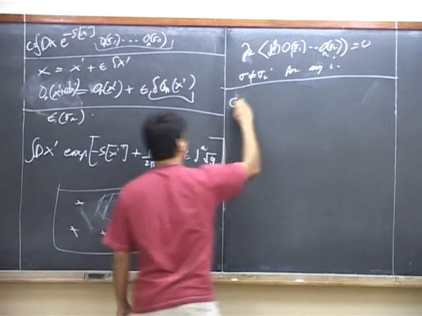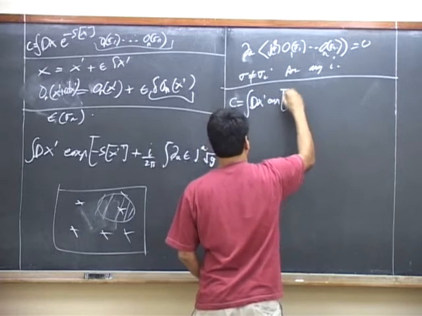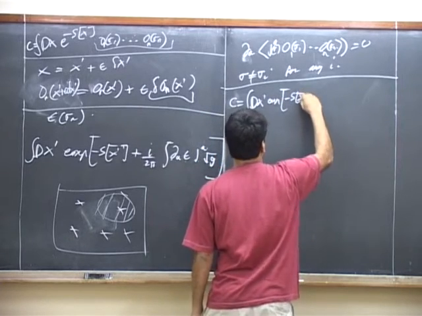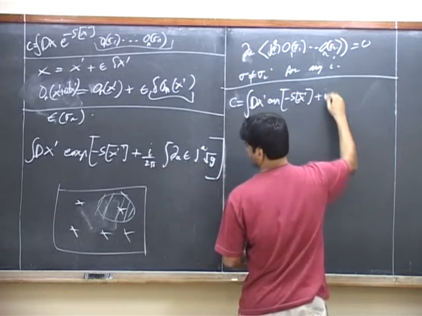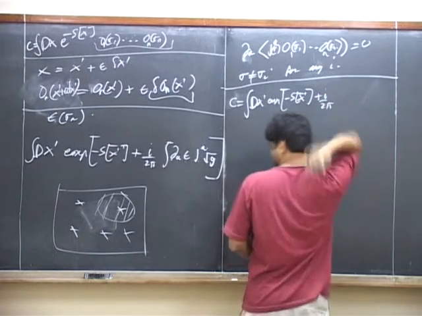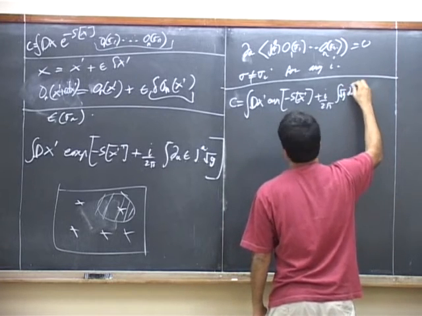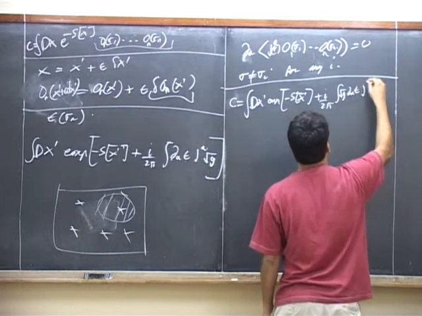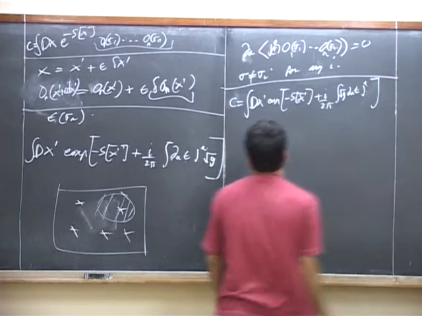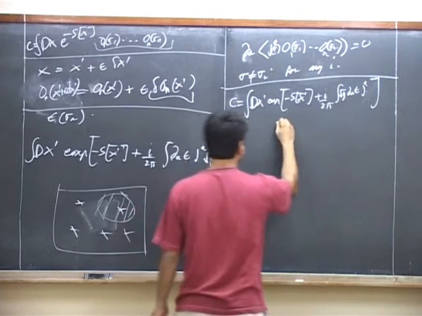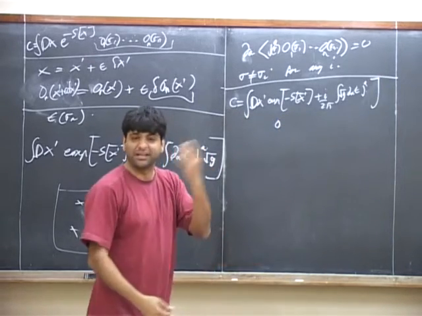So we also have that C now is equal to the integral dx prime exponential minus s of x prime, where we got this term, the same as before, with g del A epsilon JA, times O, and let's say the operator which is enclosed is the first operator.